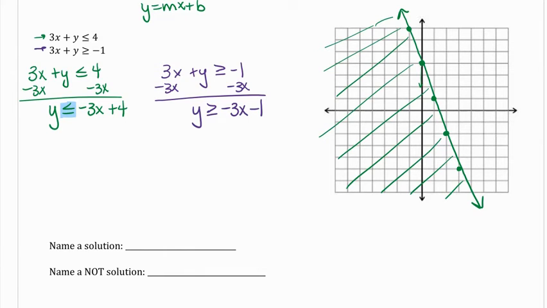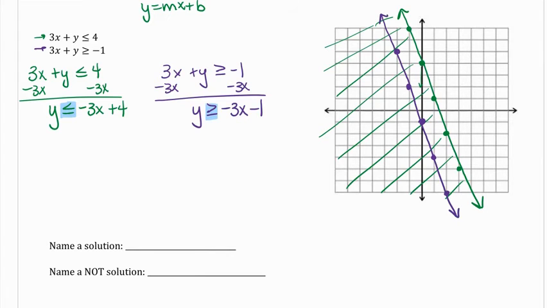Okay, so y-intercept is negative 1. Slope is negative 3. So down 3, right 1. Or I can go up 3, left 1. And again, we've got a greater than or equal to sign. So I want to use a solid line.